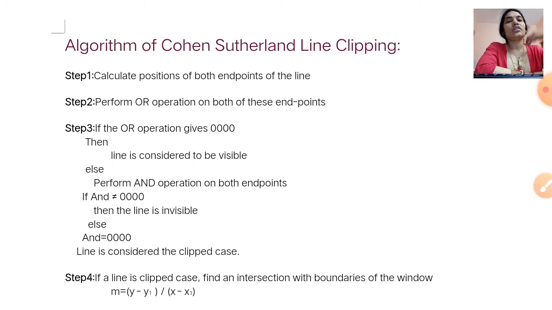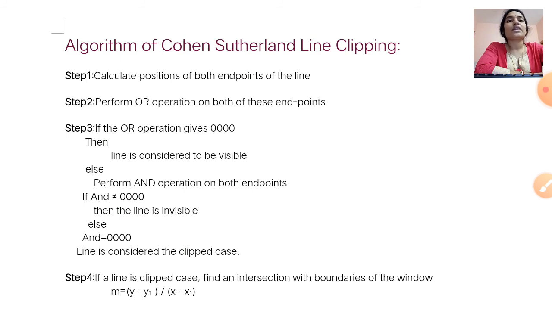So we find both endpoints and perform the OR operation on them. If the OR operation gives 4 zero bits, then the line is considered to be visible. If the operation does not give the 4-digit 0 value, then it will come to the else part.